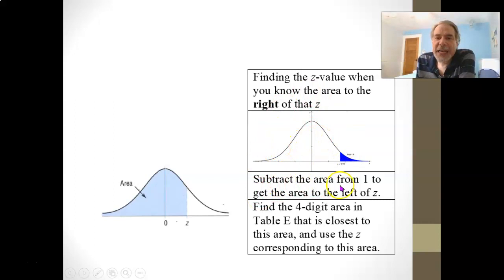So subtract the area to the right from 1 to get the area to the left of z. And then that is what you're going to be looking for on table E. You're going to try to find the 4-digit area that's closest to the result of that subtraction. And then once you find it, see what z it corresponds to.